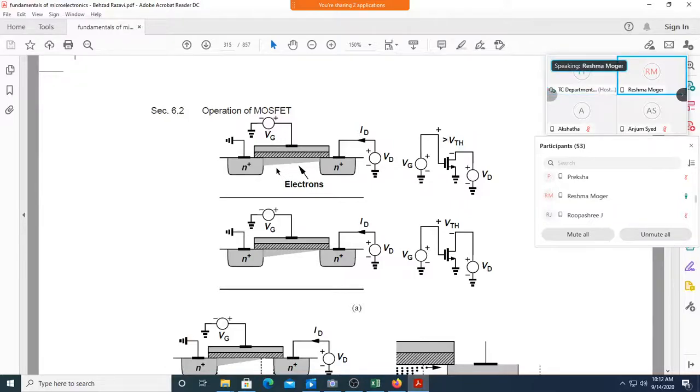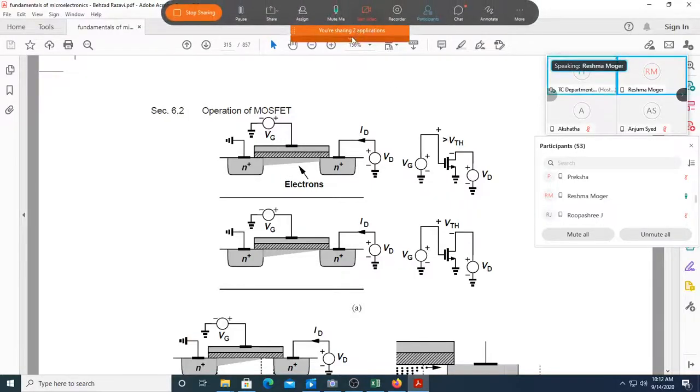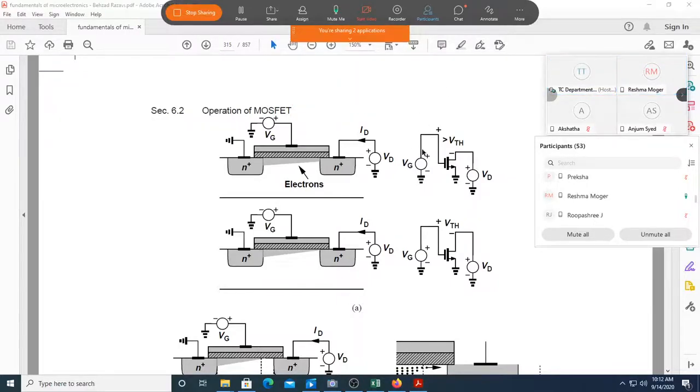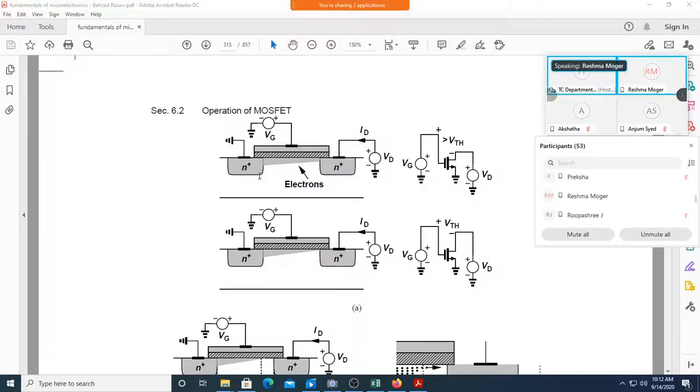Is it constant throughout the entire length of the channel? No, sir. Where is it less? Here it is more in terms of thickness, at the source terminal. When you are moving towards the drain side, it keeps on reducing.